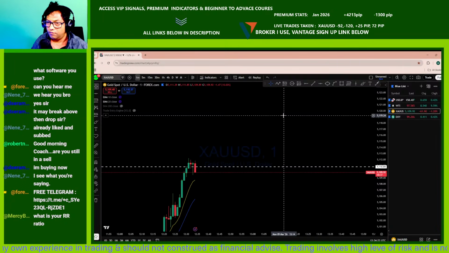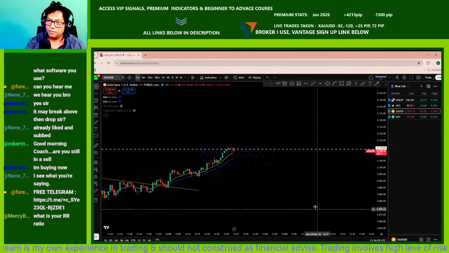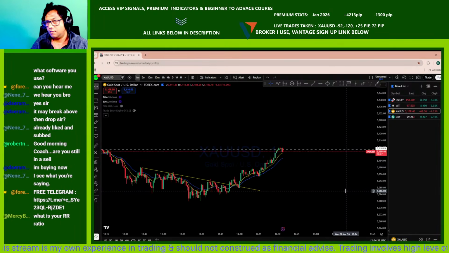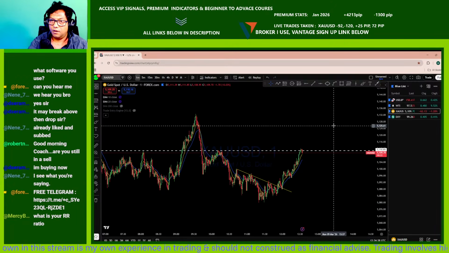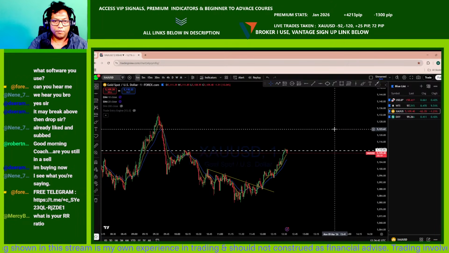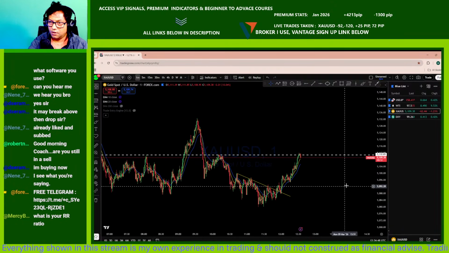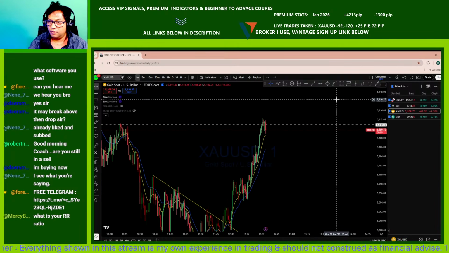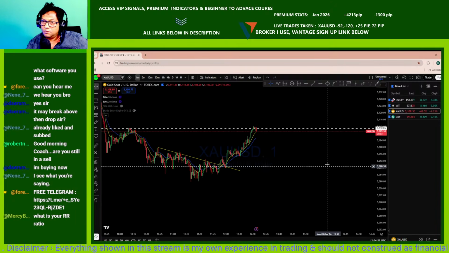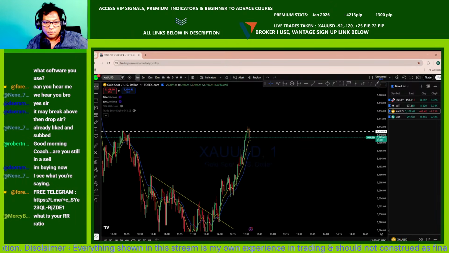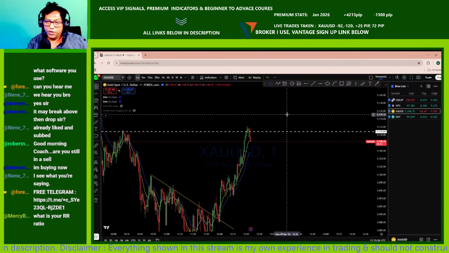Experiencing a waterfall from this daily resistance line. The market reached this resistance line where there was a big drop here, reached that order block, and is waiting for a possible break below.